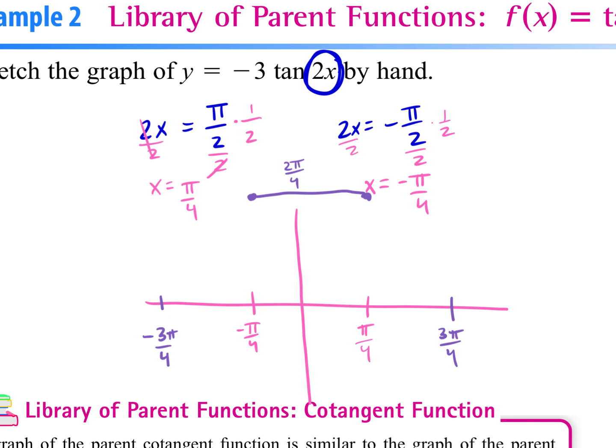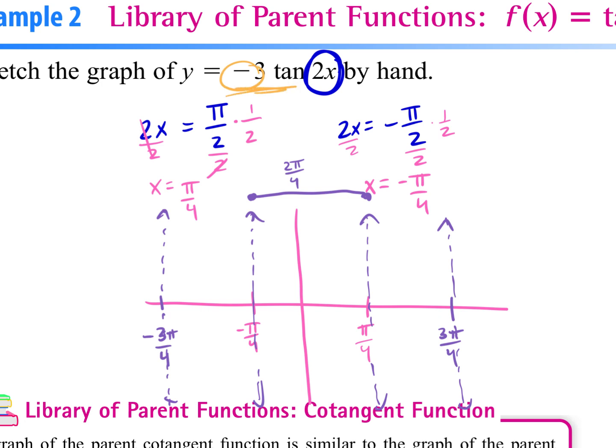Now I'm going to draw my asymptotes, so those dotted lines. Now, is our tangent positive or negative here? Negative. We have a negative 3 times tangent.